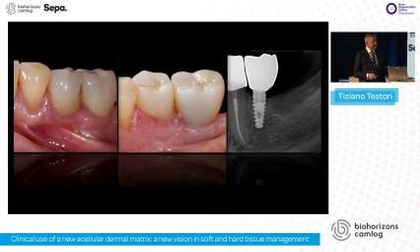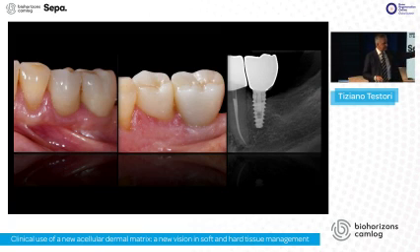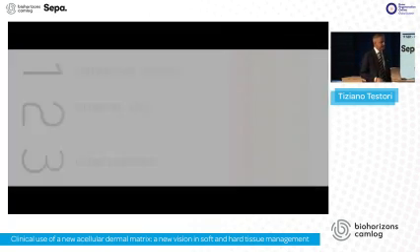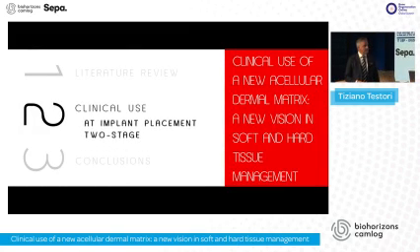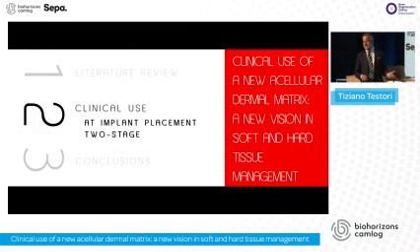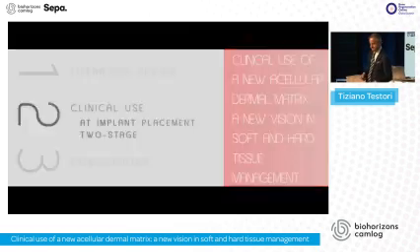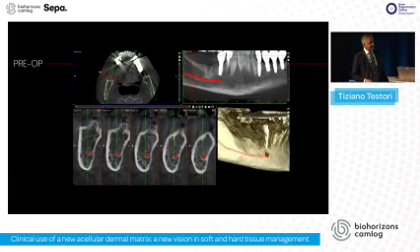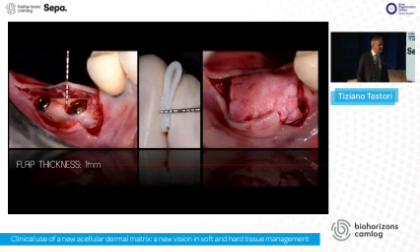And this is the case, realigning the mucogingival junction and thickening the tissue, the same two concepts. What about an implant placement, two-stage? This is a case of implant placement at two-stage.